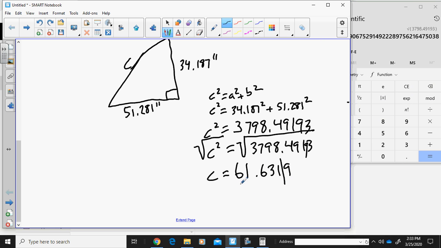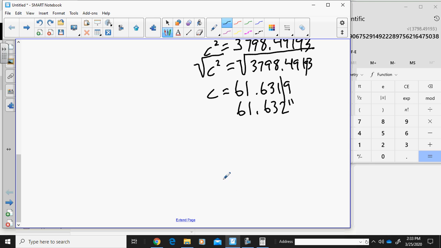We'll round to the nearest thousandth, so 61.632 inches. Alright, I'm confident you could find 61 inches on the tape measure.